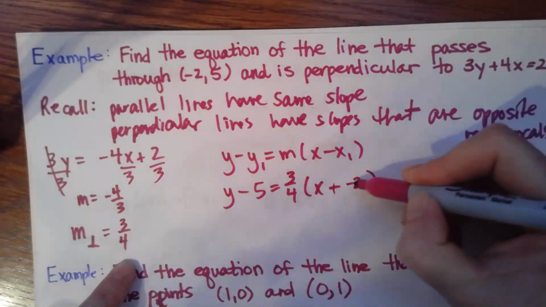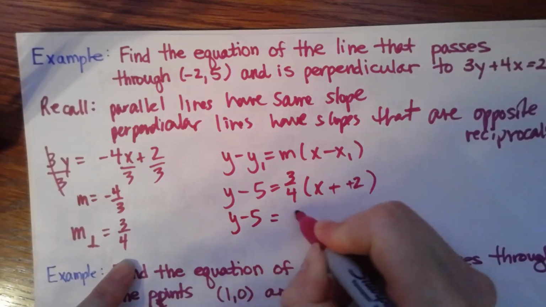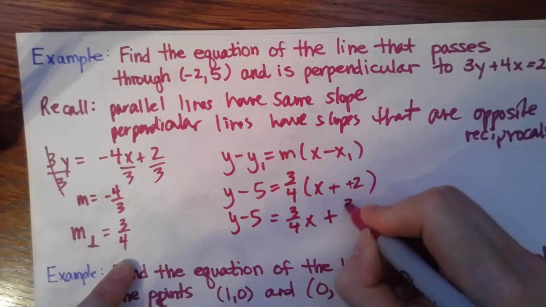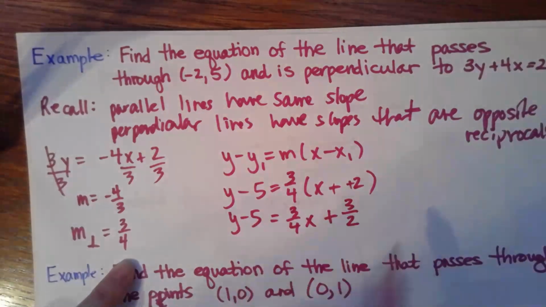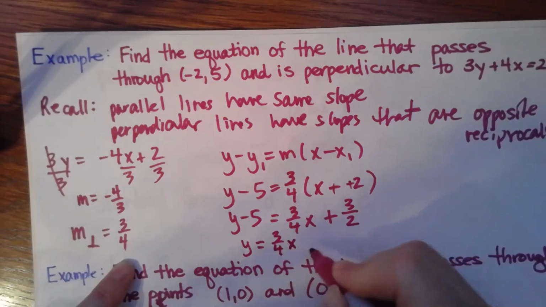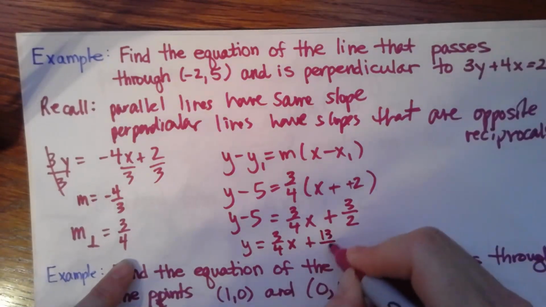Okay, so that will become positive. So we get y minus 5 is 3/4 x plus 3/2. And then if we add 5 to both sides, we'll get y equals 3/4 x plus 5, which is really 10/2. When we add 10/2, we will get 13/2.